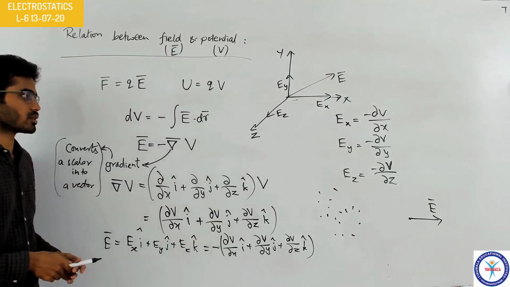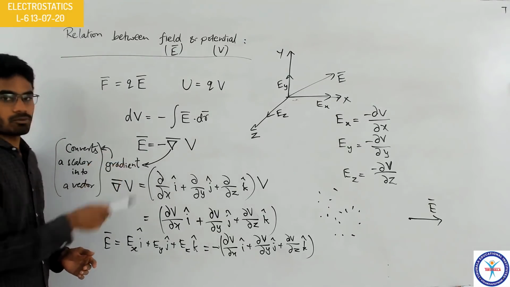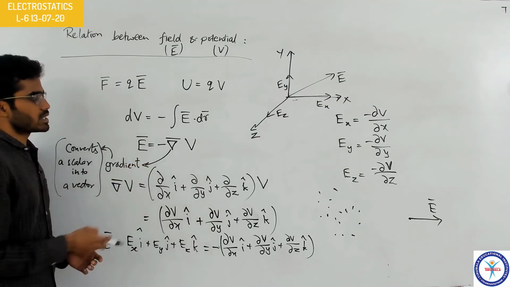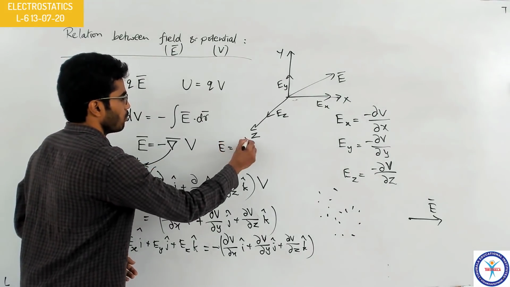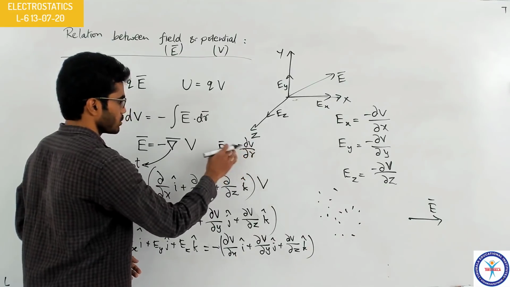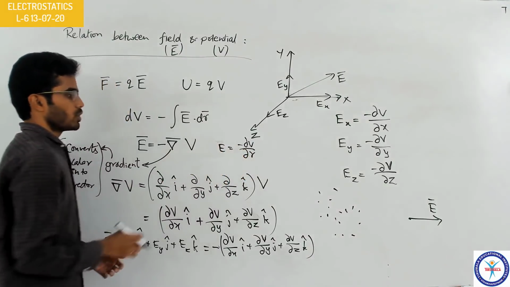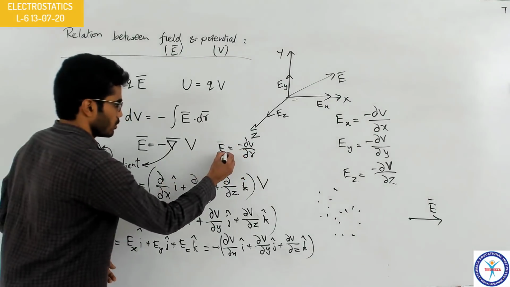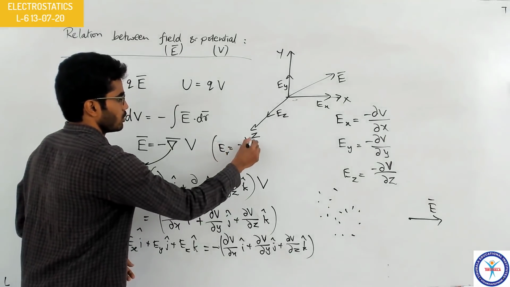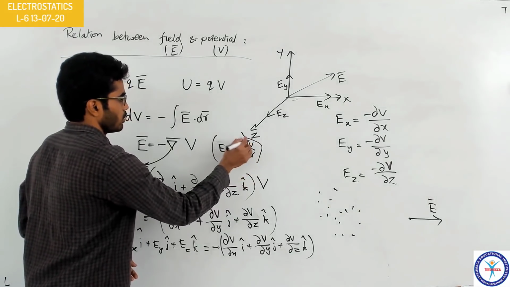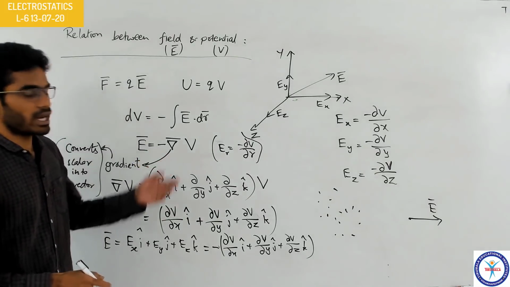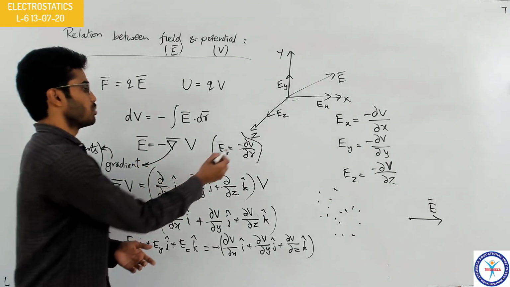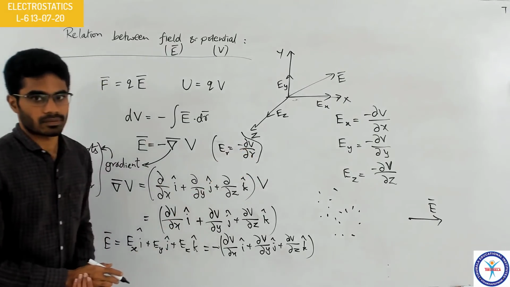That's one important result. Or you can see it in the same way, because generally this is written as E bar equals minus dV by dr. Forget about the bar. So E in a particular direction, radial direction, is generally written as minus dV by dr, right?